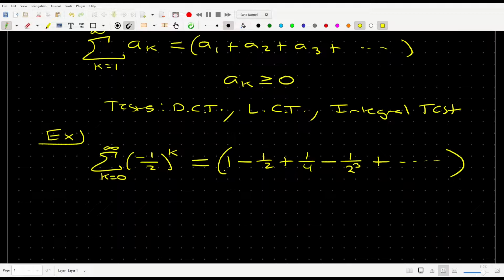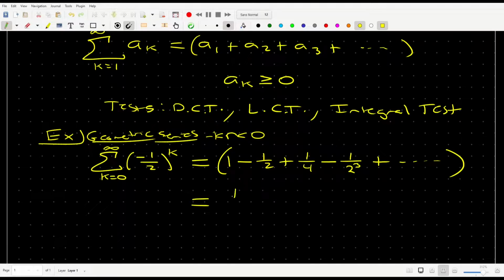So this is an example of a series with negative terms. This is specifically a geometric series with r between negative 1 and 0. So we know that this series converges.